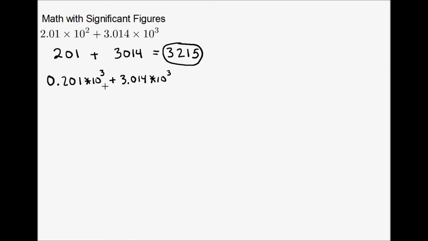And now, adding the numbers in front together, 0.201 plus 3.014, gives me 3.215. The power of 10 doesn't change.